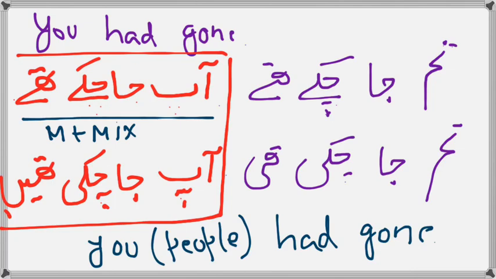But if we are talking just to the female group, then we say आप जा चुकी थी. And we can use तुम गए थे, but it's better to use the जा चुके थे version.